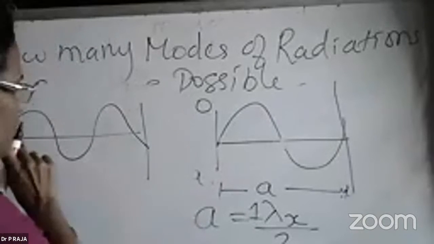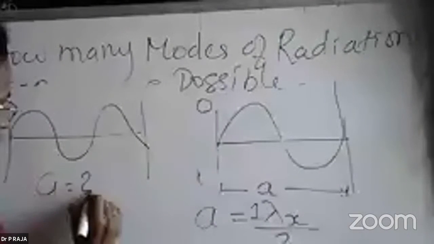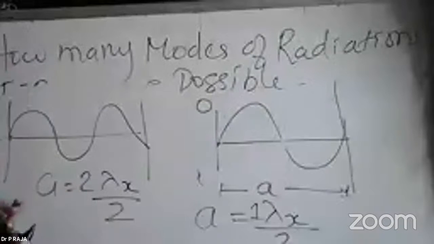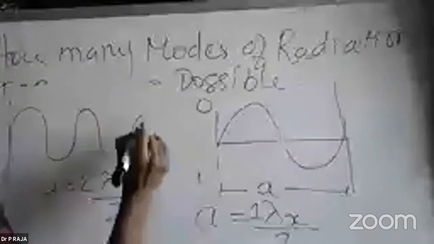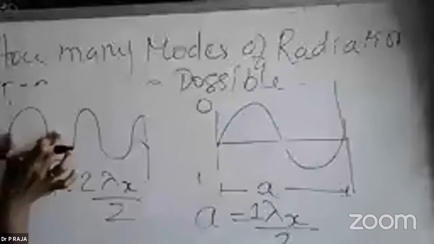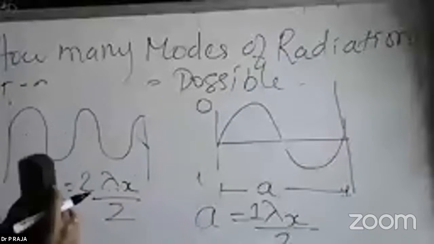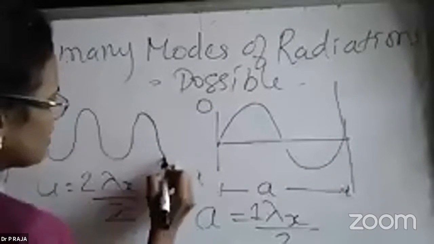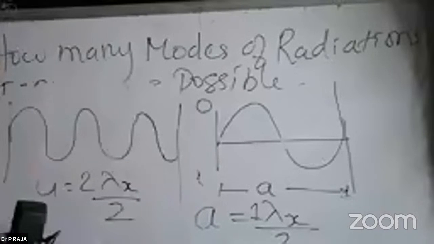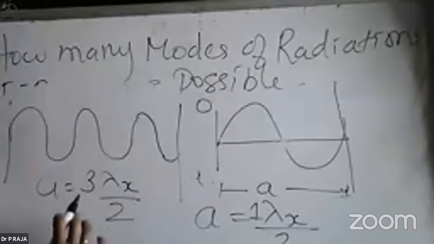If there are 3 small waves, up to this is one wave, up to this is another wave, up to this one is another wave. If you can make a 3 wave pattern, then this will become 3 lambda x by 2, and it goes on.